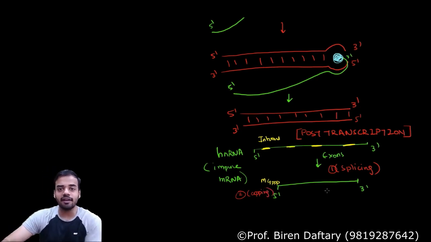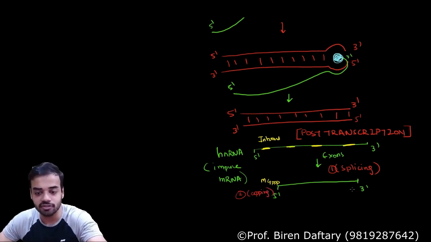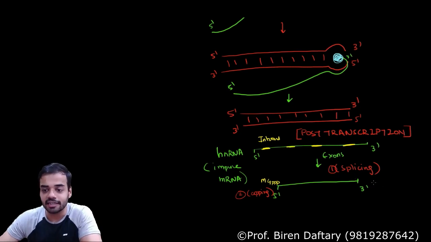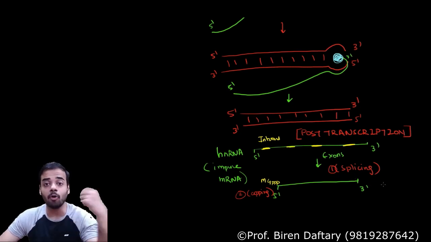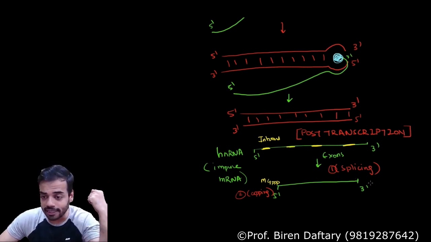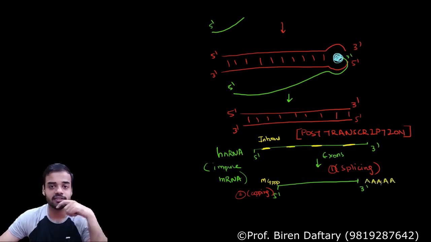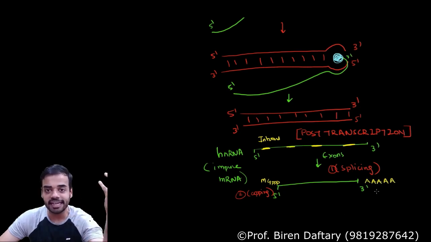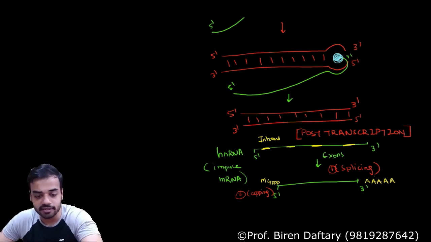And the next and the last post transcriptional modification is going to be what? It is going to be attachment of poly A tail. What is a poly A tail? Poly A tail is many adenine residues attached. Poly is many. A, tail. This is cap, this is tail, and this process is called tailing.